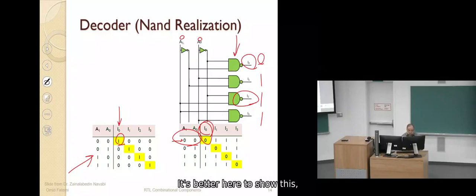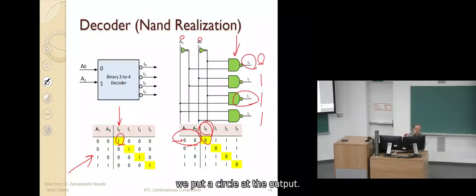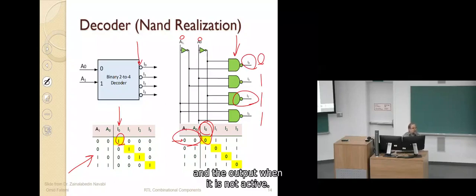It's better. So here, to show this, we put a circle at the output, and this circle tells us that the output gets 0 when we want it. The output is 0 when it is active, and the output is 1 when it is not active. So look at this symbol.